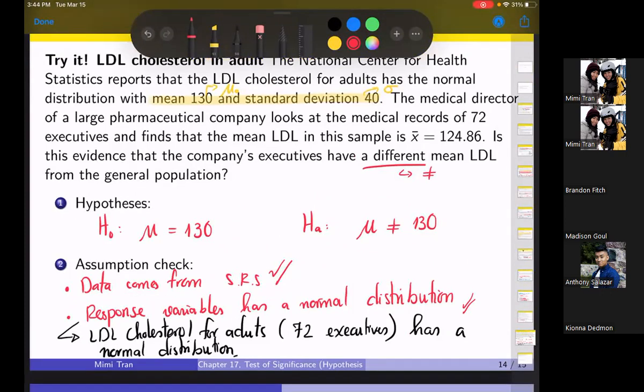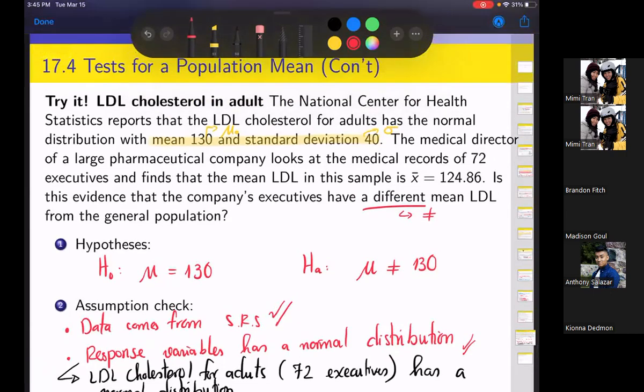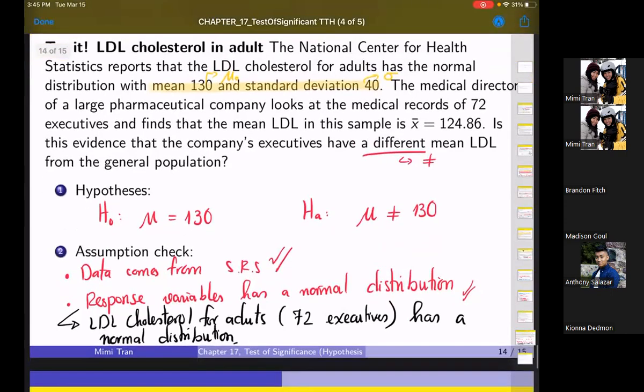But for the second, how do I know the LDL cholesterol for the 72 executives has a normal distribution? Good, your population is normal, so you're safe. Or if you want to be more careful, you say 72 is bigger than 5, CLT, central limit theorem, so I assume the sample mean distribution has a normal distribution.